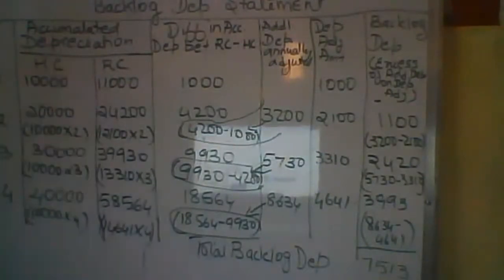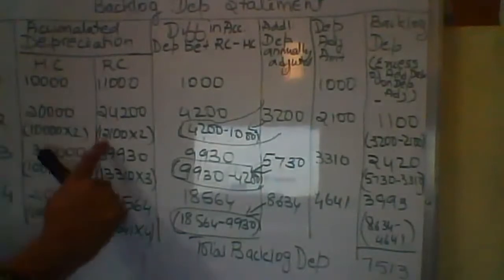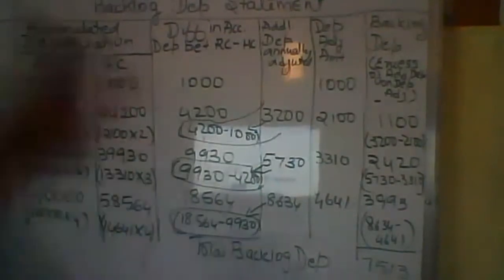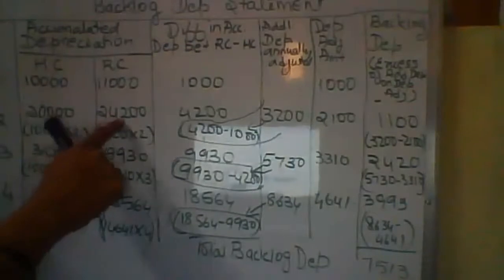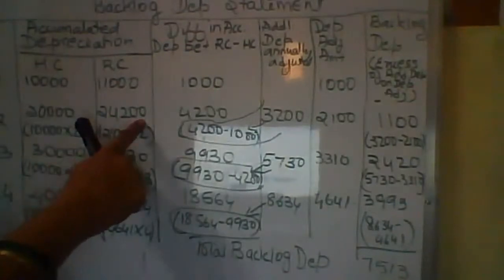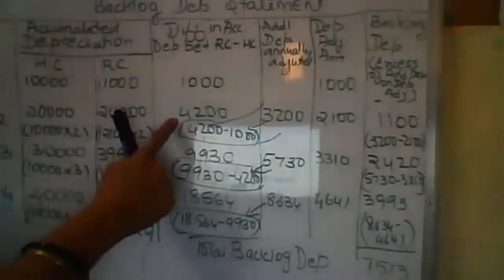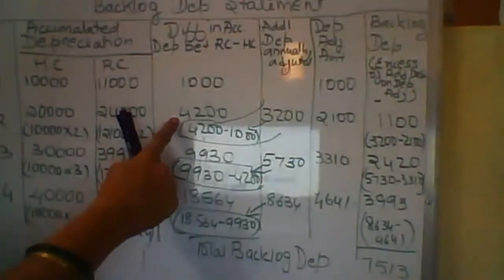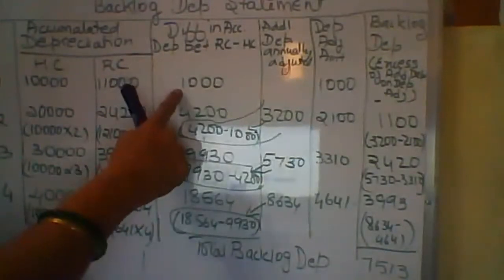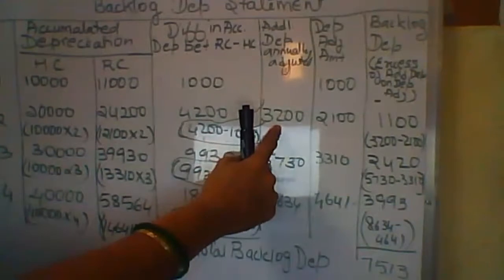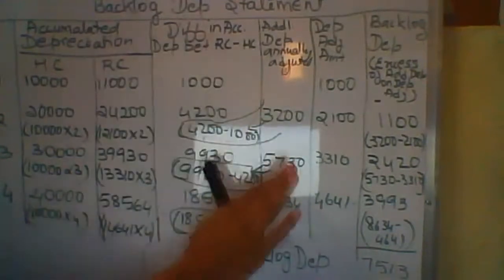But because inflation is increasing, the amounts are increasing every year. So what am I doing now? I'm finding out 12,100 into 2. If I have 24,200, that should have been there. But that difference is 4,200. In the difference of 4,200, I already took 1,000. It means an excess amount of 3,200 is yet to be done.